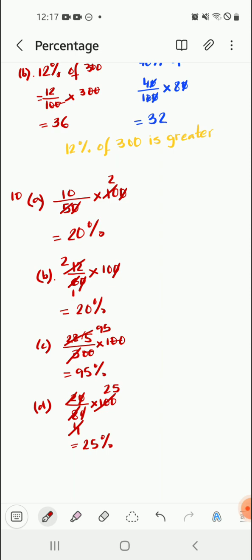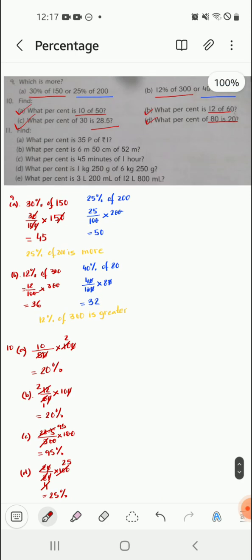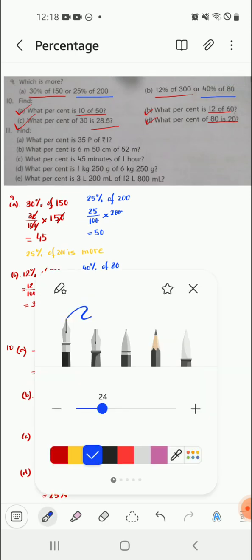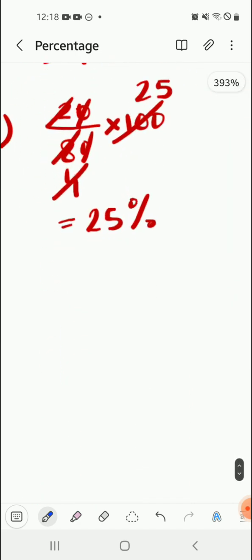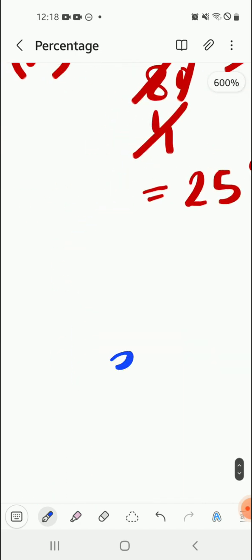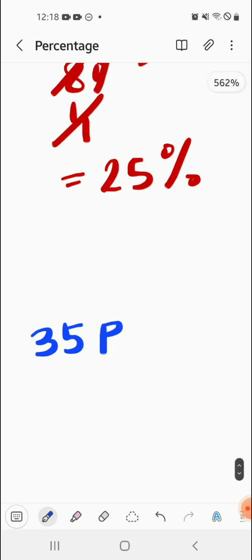Moving on to the next question, that is number 11. What percent is 35 paise of rupees 1? So we have to find the percentage of 35 paise out of rupees 1.